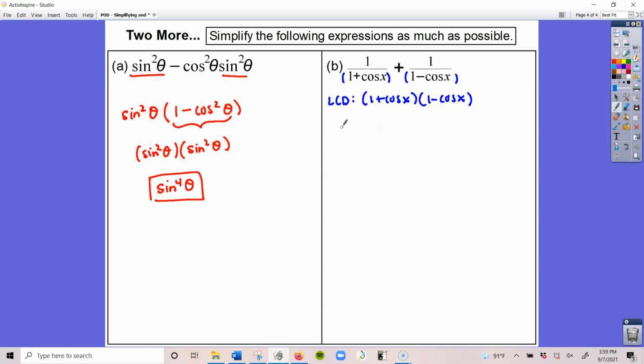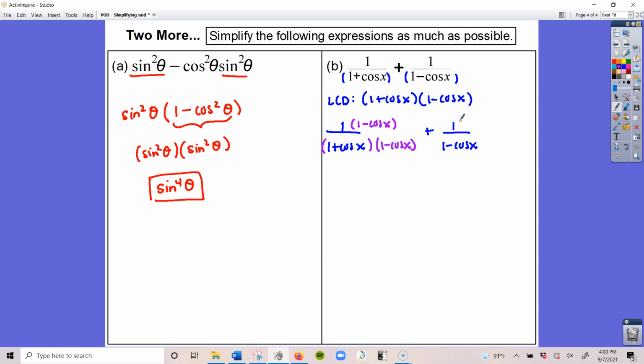So now I want to rewrite so that both of these have the same denominator. So this is my original equation. To the first fraction, I am missing a 1 minus cosine x. So I'm going to multiply both the numerator and the denominator by that missing factor.